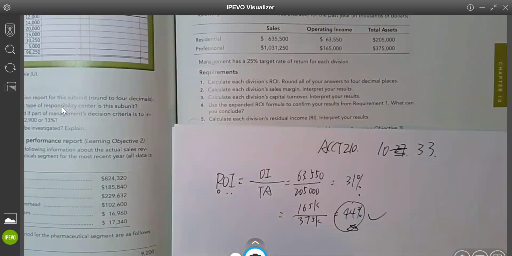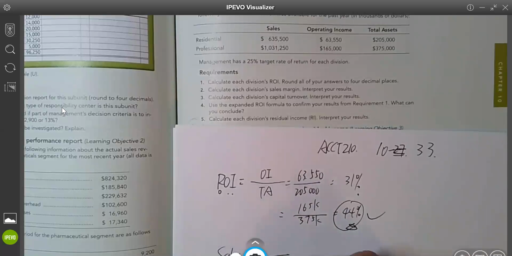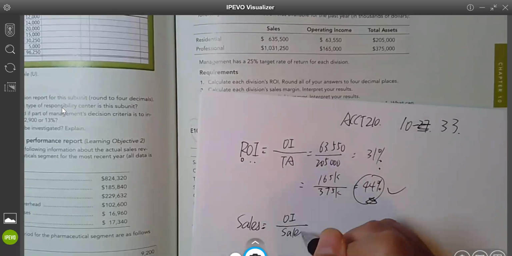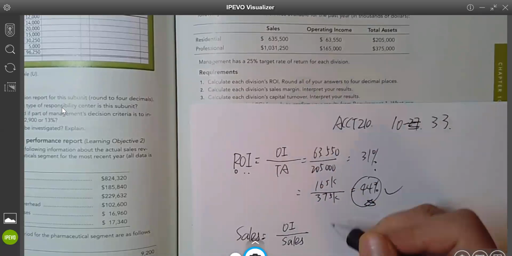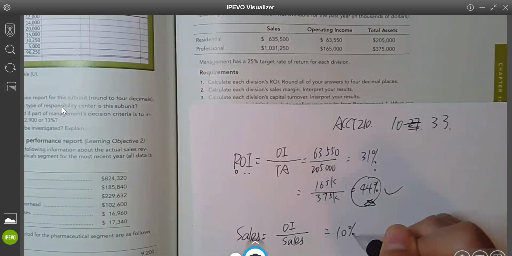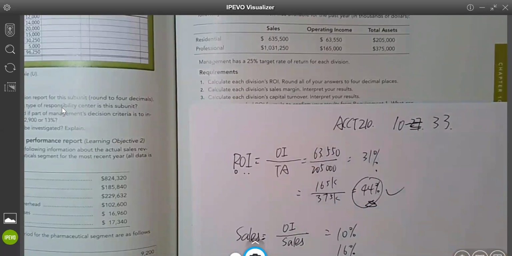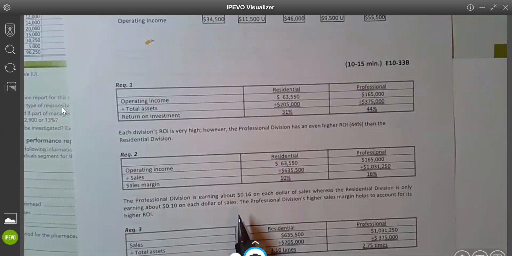Second one, talking about sales margin. I'm not really going to do too much about sales margin. Basically, it's your operating income divided by your sales revenue, right? We got 10% for the residential and 16% for the professional. So general idea, we said the higher number means better. I will post my solution to the Blackboard if the marketing lab asks you how to interpret.